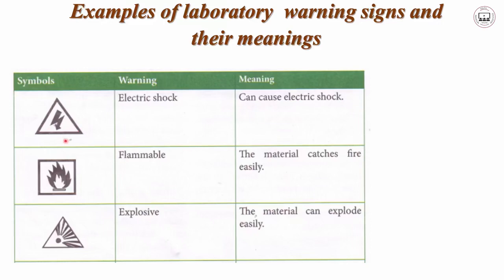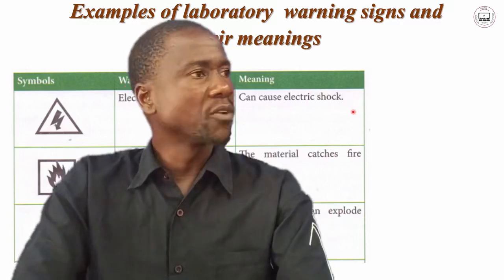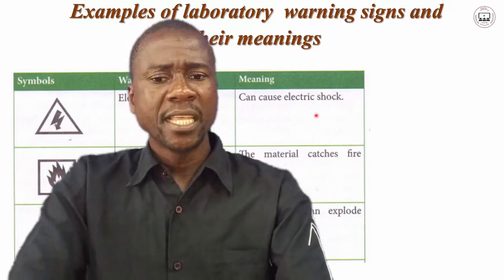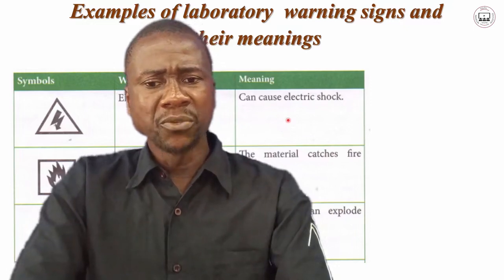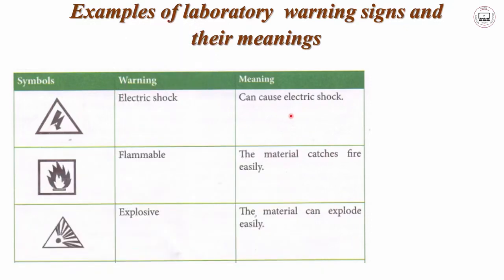Now we have the first warning sign. This sign is an electric shock sign, and it means it can cause electric shock. If you see this kind of sign around an area, it is communicating to you that around that area you may easily get an electric shock.